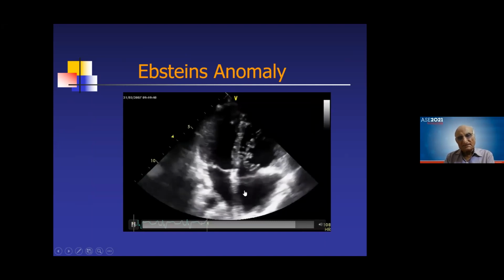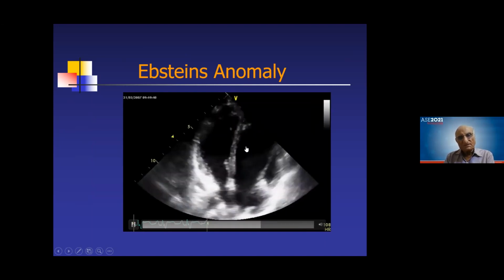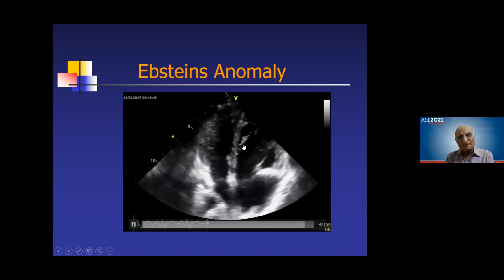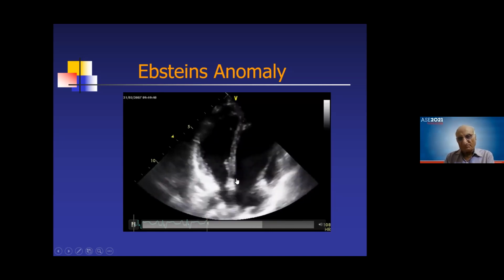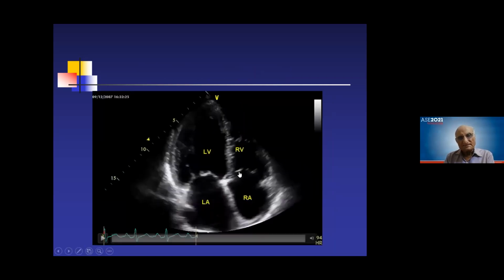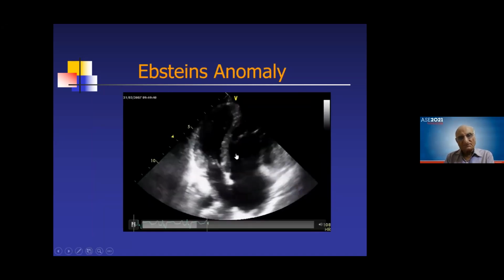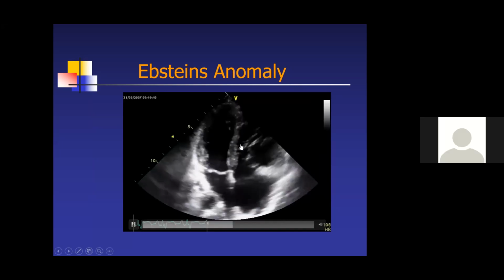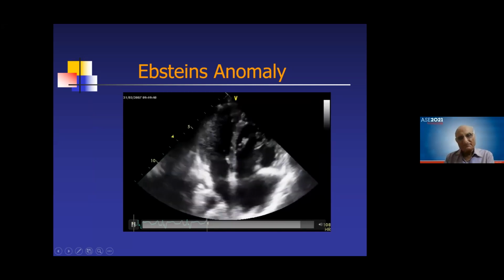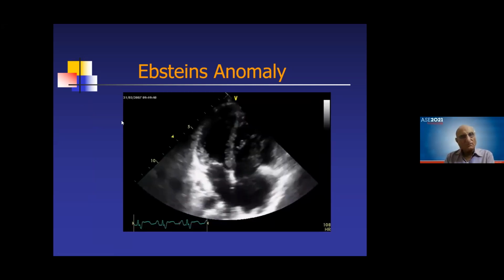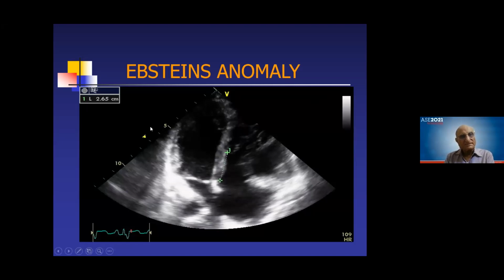This is the right atrium, left atrium, and you see this is the septal leaflet, which is arising much toward the apical side as compared to normal. Normally it arises just a few millimeters from the mitral valve, but here this is the mitral valve, and it is arising much more apically. So this is known as the septal displacement of the tricuspid valve toward the apex, and this was about 26 millimeters.